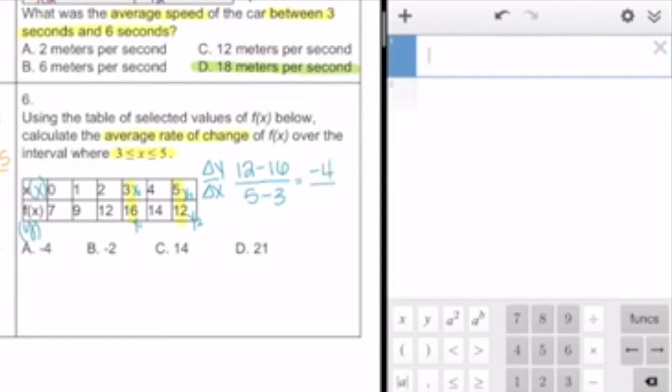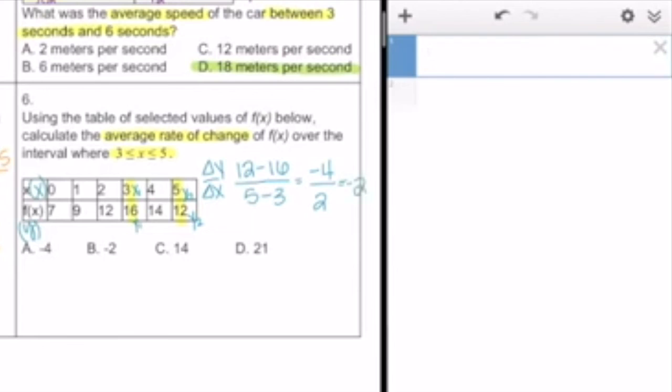And that's okay. That just means that instead of increasing, it's decreasing. And that can still happen with a rate of change. And then 5 minus 3 is 2. So we would simplify this as much as we can. Negative 4 divided by 2 is negative 2. So our rate of change is a negative 2.